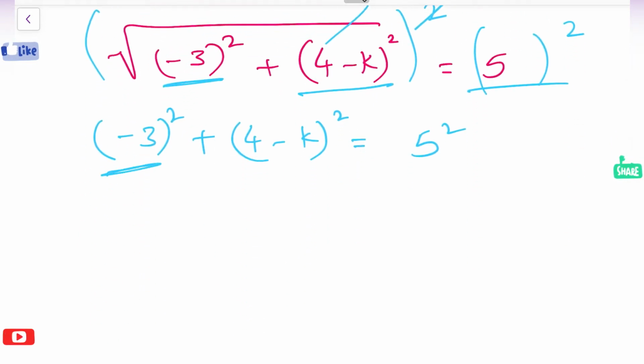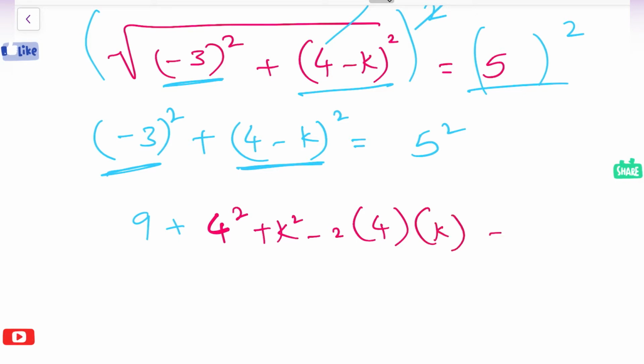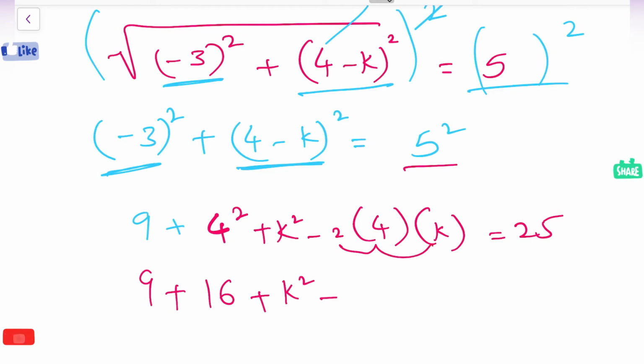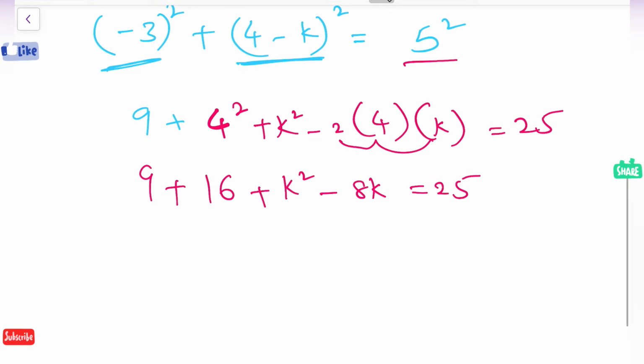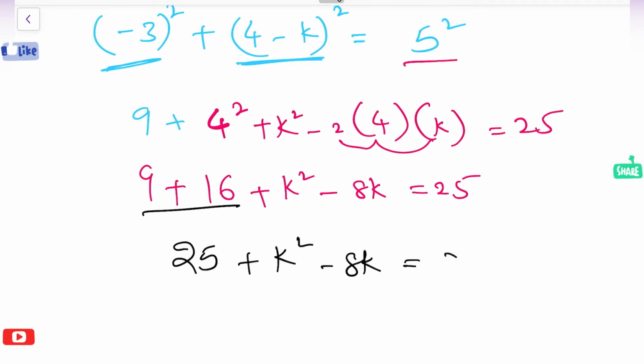Minus 3 whole square 9 plus 4 minus k whole square, this is in the form of a minus b whole square, so we can write it as a square plus b square minus 2 into a into b, which is equals to 5 square 25. 9 plus 4 square 16 plus k square minus 2 into 4, 8 into k, 8k is equals to 25. 9 plus 16, 25 plus k square minus 8k equals to 25.